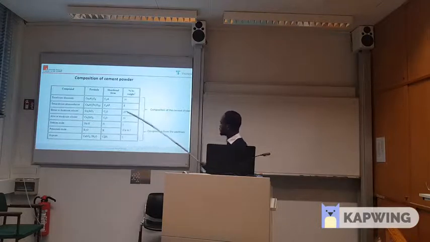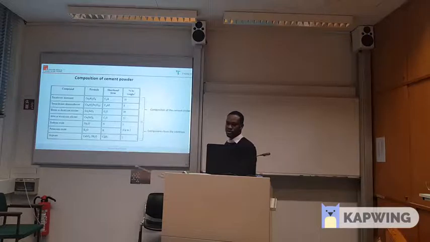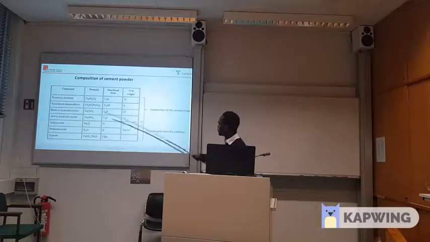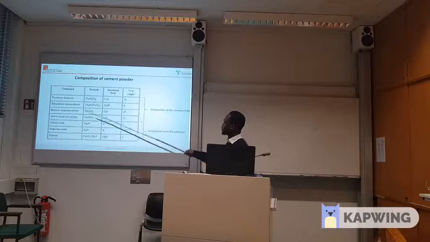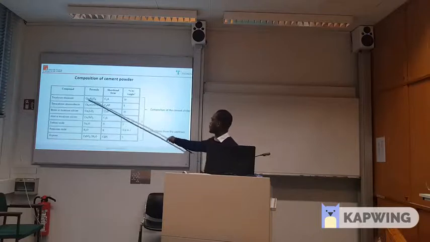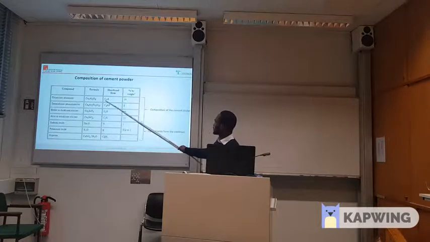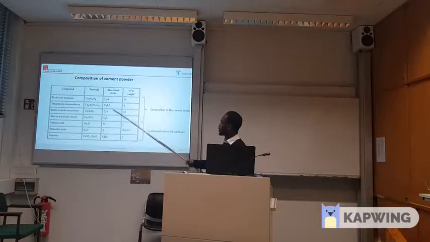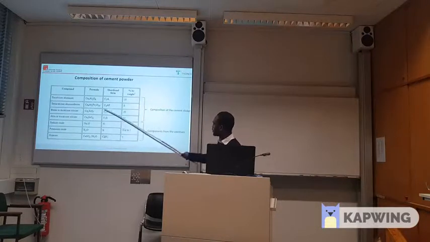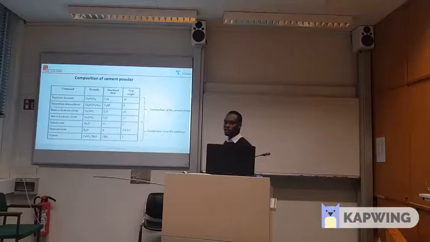Together they make more than 70% of our cement composition. Then we also have the C3A and the C4AF. These abbreviations are basically from this: C is for calcium, A is for aluminium, F is for iron, and S is for silicate.